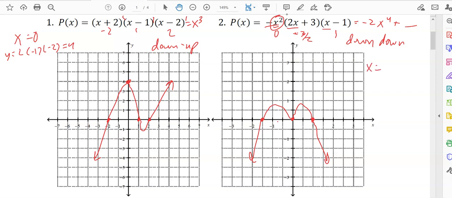So if x equals -1, that would be -1 squared times 2 times -1 plus 3 times -1 minus 1. So that would be -1 times, this is -2 plus 3 is 1. -1 minus 1 is -2. So that's going to be a positive 2, it looks like. So if I plug in -1, I get a +2. So it does go through that point right about there.